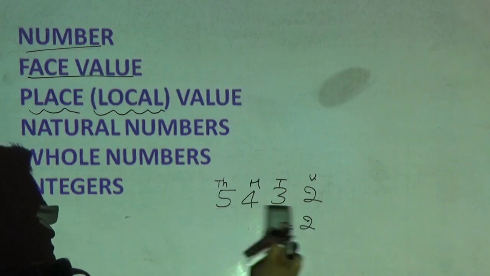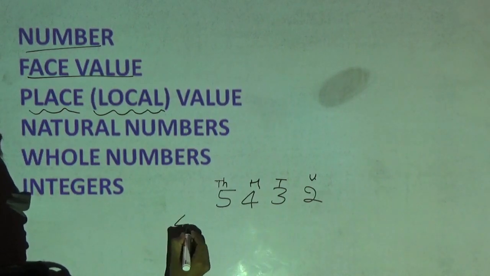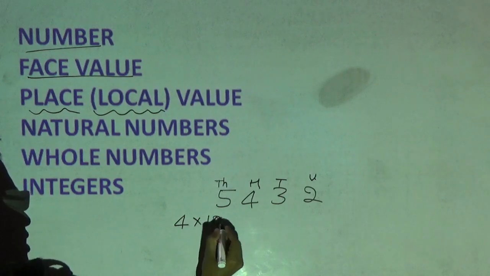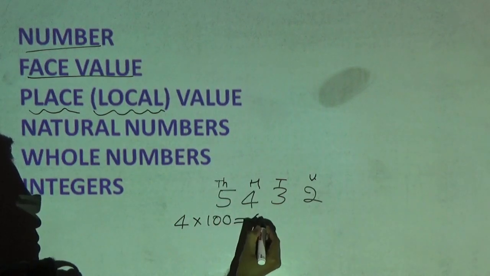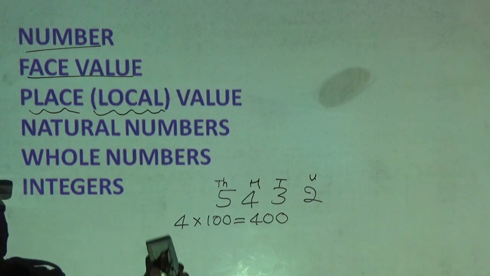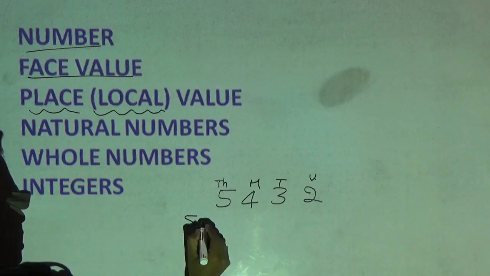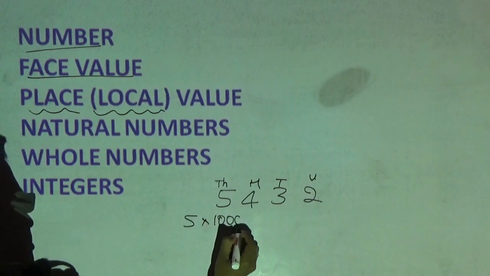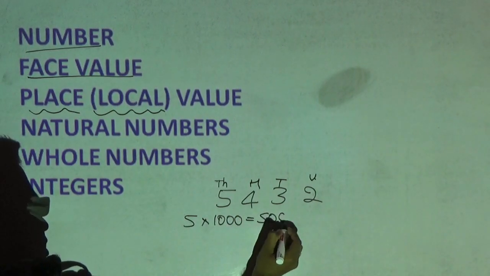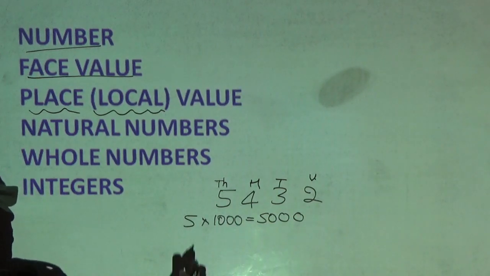Now, if they ask what is the place value or local value of 4, that is 4 into 100, that is hundreds place. The place value of 4 is 400. Hope you understood. Now, what is the place value or local value of 5? That is 5 into 1000, that is nothing but 5000. The place value or local value for 5 is 5000.